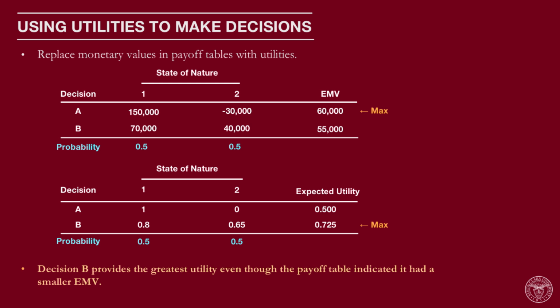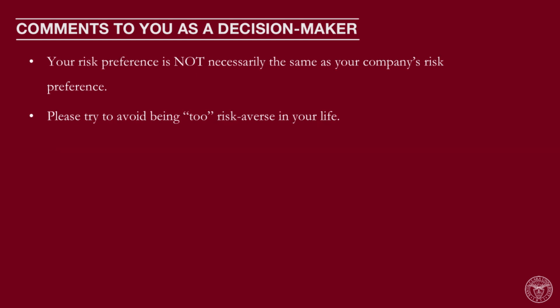This shows that if you consider your psychology effect, your decision under expected utility could be different from your decision in expected monetary value. I would like to provide a couple of comments for you. Although you are the decision maker in your company, your risk preference is not necessarily the same as your company's risk preference.